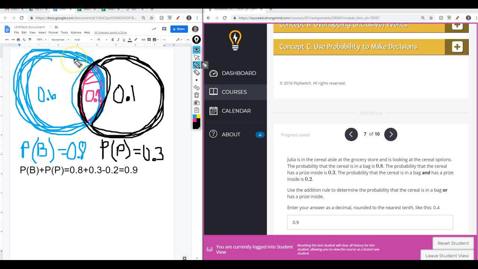So another way you could think of it is, well, if we know the probability of it just being a bag with no prize inside is 0.6, so probability of a bag, no prize, is equal to 0.6. And then the probability of it being a bag with a prize is equal to 0.2.